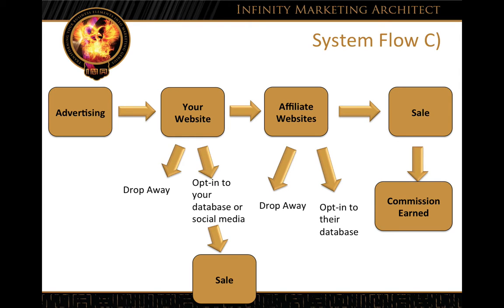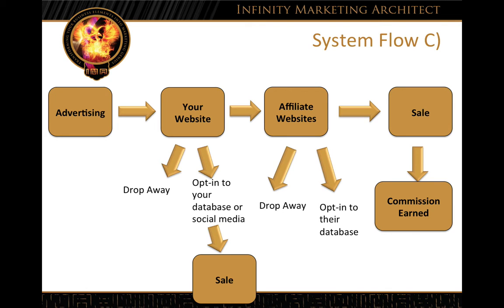But when somebody clicks on it, instead of going to the affiliate website, which in our example was Roger Hamilton's Entrepreneurs Institute website, they actually go to your website first, or at least a web page, what we would call a landing page, where they could opt into your database or follow you on your social media. You have that lead that you can market to moving off into the future.